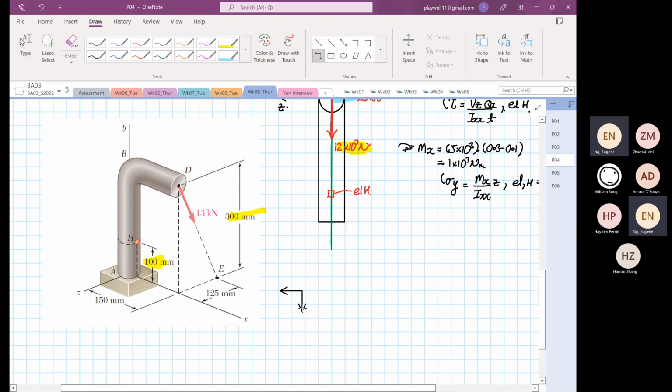So this is our Z, this is our X, and this is rotation about Y.